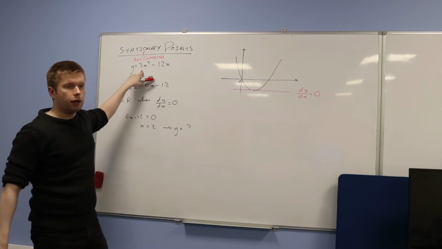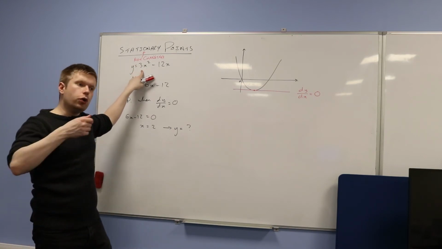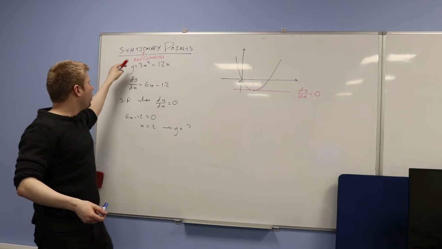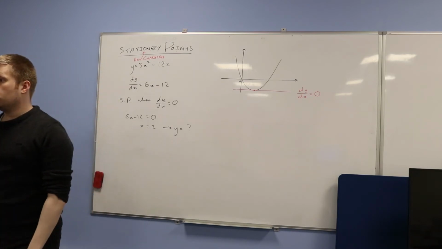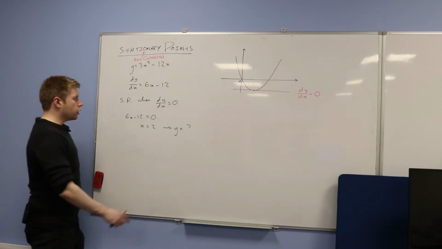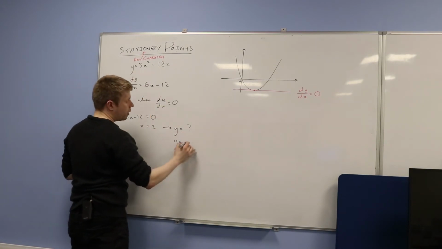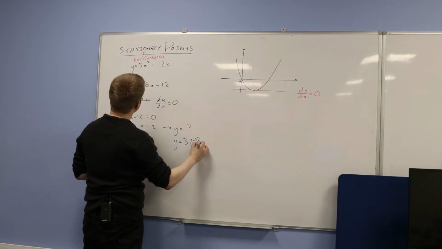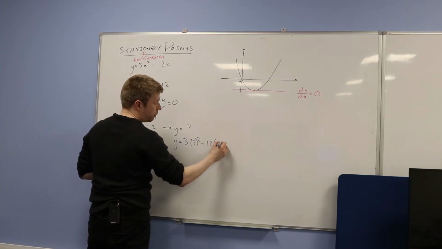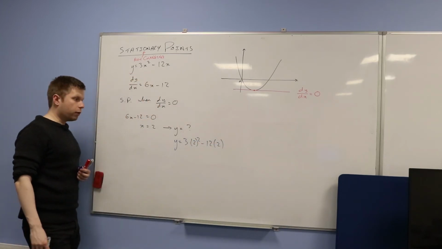It's this one here. This one literally says, you give me the x-coordinate, and I will tell you what the corresponding y-coordinate is. So if x equals 2, it means that y has got to be equal to 3 times 2 squared minus 12 multiplied by 2. Are you all happy with that?